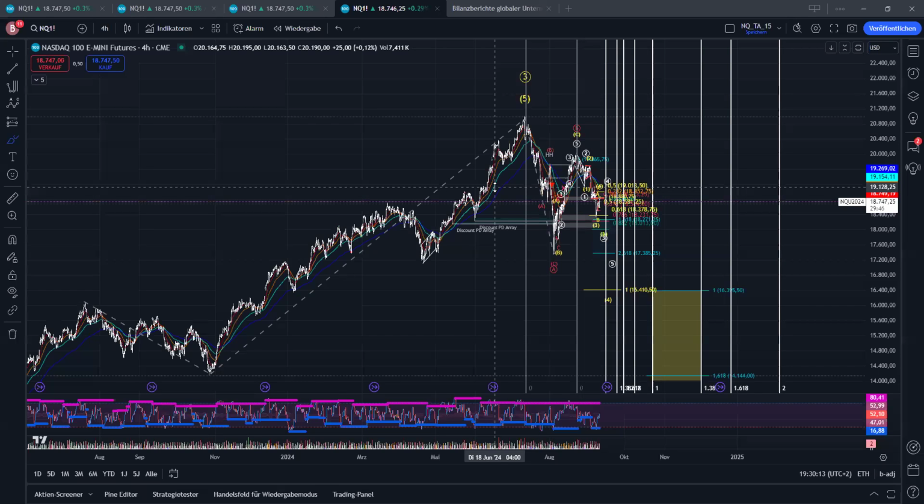Wave twos, for example, are normally always shorter than wave fours in a correction. So the timeline of a wave four correction in an ABC structure does normally take more time than a wave two correction. So wave two and four are the corrective waves in an impulse.